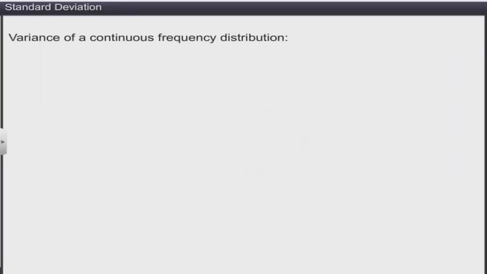If the frequency distribution is continuous, then the formula for the variance is 1 divided by n multiplied by the summation of fi multiplied by the square of xi minus x bar.